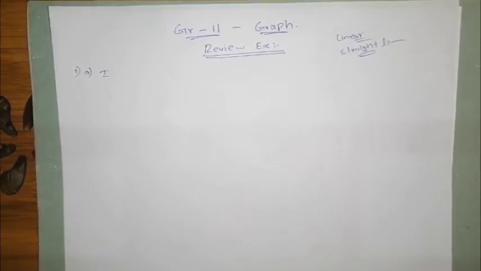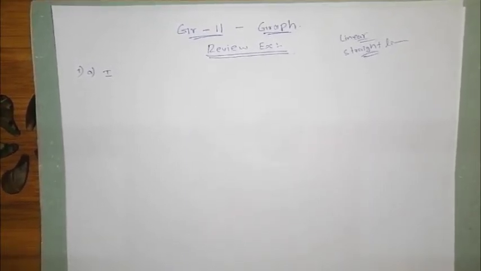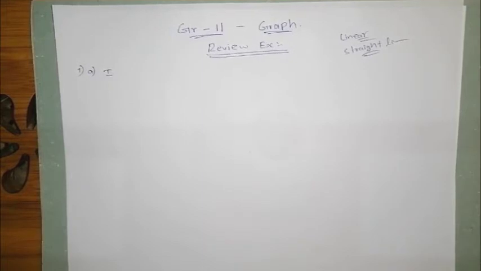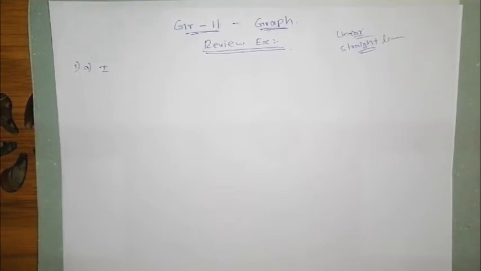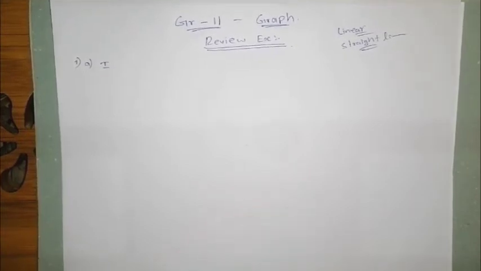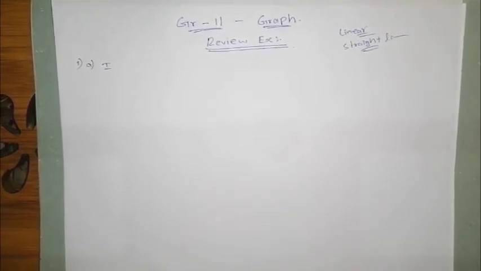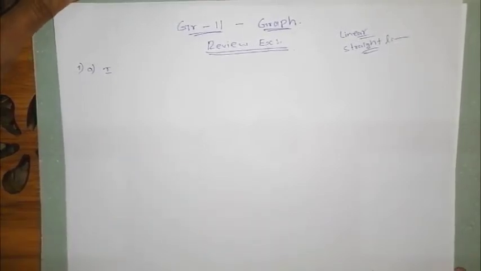Further, we studied gradient and intercept in grade 10. So altogether, we are going to recall what we studied in grades 9 and 10 about linear graphs through this exercise. In the first question they asked us to draw these four linear graphs on a Cartesian plane.